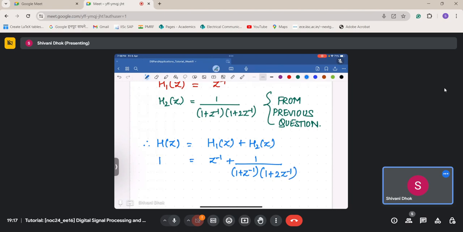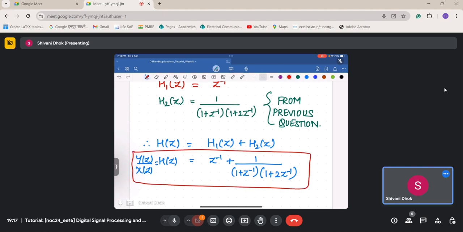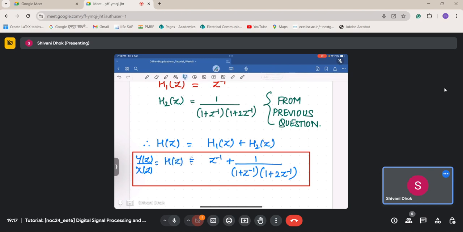This is the H of Z, which is nothing but Y of Z upon X of Z. This is the final answer that we have. Any questions in this part?